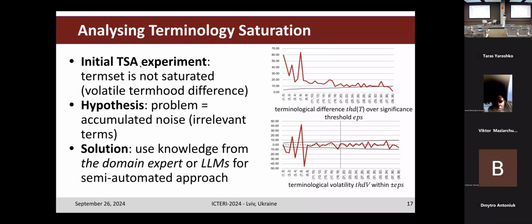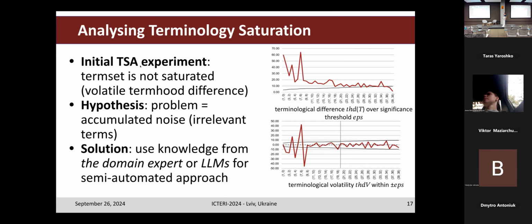When we analyze the second graph, which shows the measures of the terminological volatility, we can see that after about the 20th iteration it is in the corridor of plus minus epsilon. We hypothesized that this saturation blur could be caused by a significant amount of regularly accumulated noise, so basically a lot of irrelevant terms that we extracted.